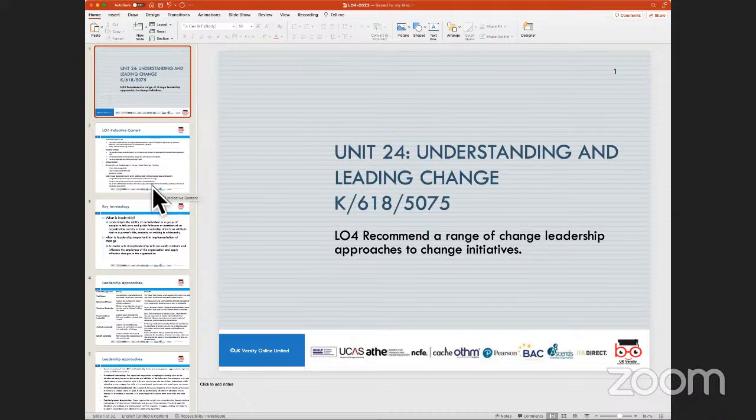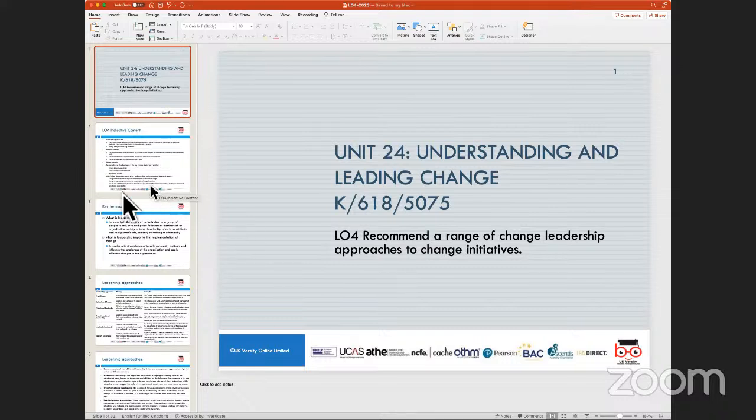So the unit, although it is a purely theoretical unit, has parts and bits and pieces of the learning outcomes and the sessions that we have done which include areas wherein you have to use some of the key models of change that we have learned, like the Burke-Litwin model and Kotter's 8-step model. We look at the kaleidoscope and bridges model. We look at McKinsey's 7S model.